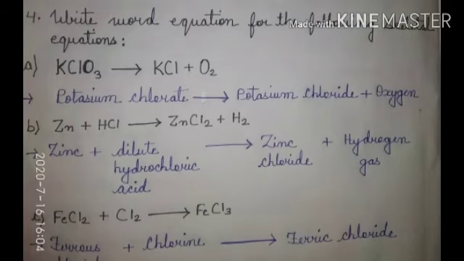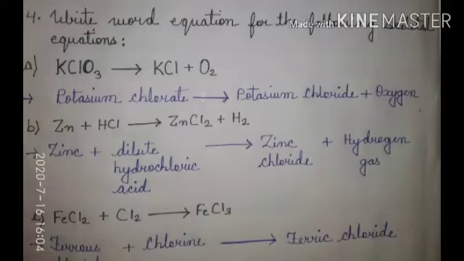Now the next question is, write the word equation for the following skeletal equations. First is KClO3 gives KCl plus O2. We know that the chemical name of KClO3 is potassium chlorate, and it gives KCl, that is called potassium chloride, plus oxygen.